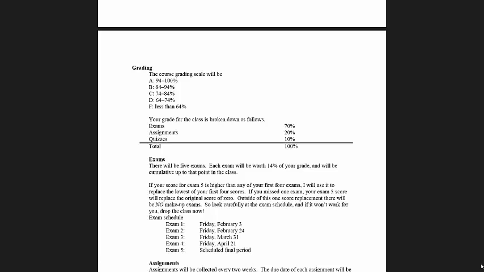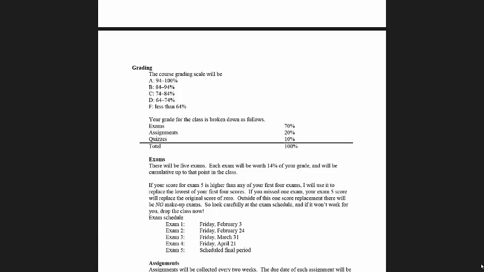So the way that works is the score for the final, the 90, counts as a 90 for exam 5, and it also replaces the 0 or the 30 for exam 3. So that low score or the 0 because you missed the test gets overwritten by the score of exam 5. Okay? So that's sort of my makeup policy.